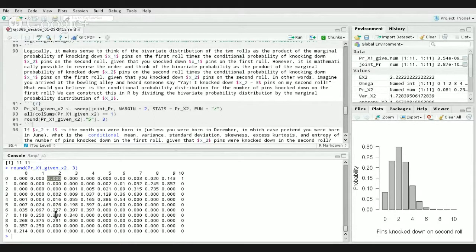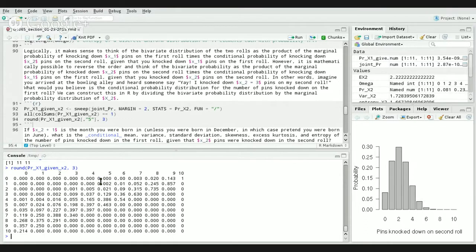It increases, and then it decreases once you get to 8 pins knocked down on the first try. And then 9 and 10 are exactly 0, because given that you knocked down 2 pins on your second try, it's impossible for you to have knocked down 9 pins or 10 pins on your first try in that frame.